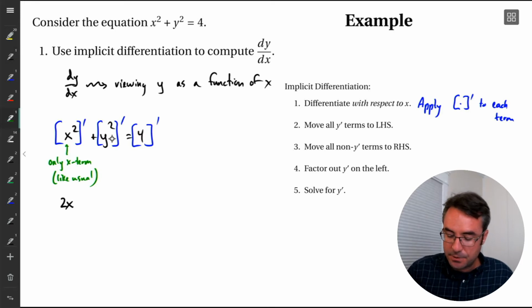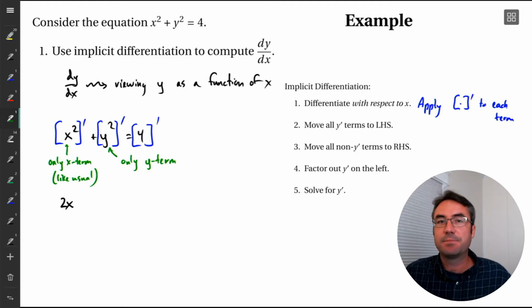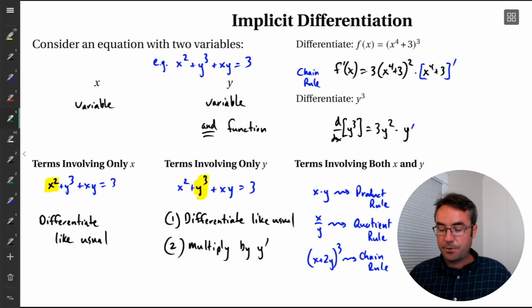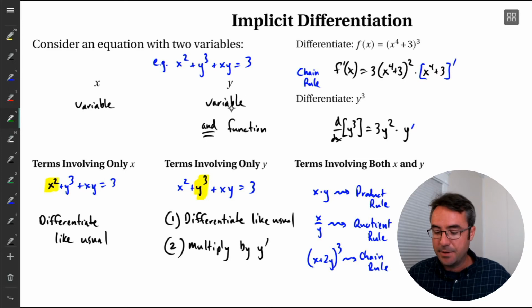Okay. What about this y squared term? This is a term that only has a y in it. So how do we differentiate something like this? It's a two-step process. For a term involving only a y, we're going to differentiate it like usual, which is inherited from the variable part.